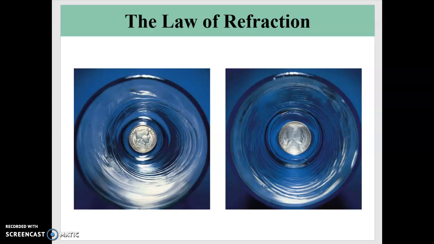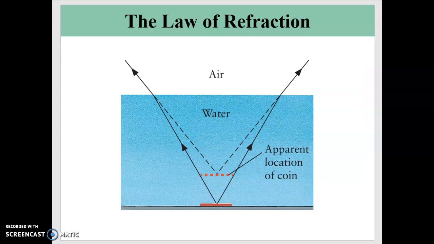And why does the coin look a little bit bigger? If I have a coin in my glass, then the light from the coin is going to travel, and when it hits the boundary, it is going to expand outward, and as it expands outward, the apparent position of the coin changes.